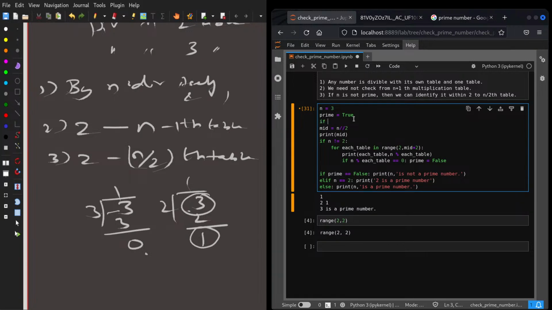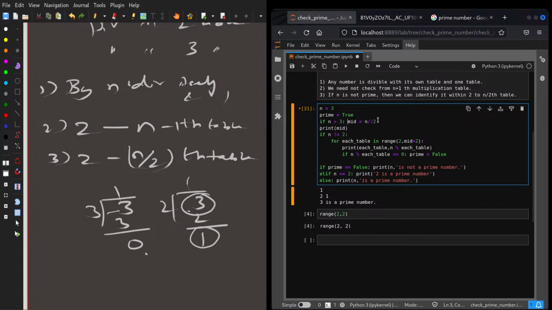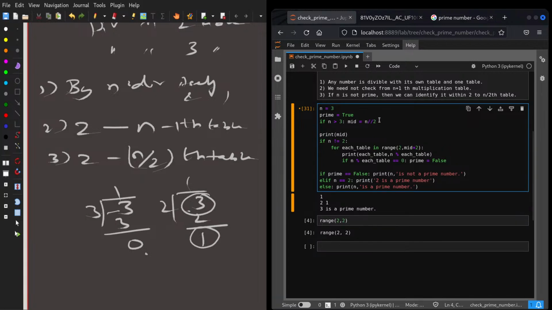If n greater than 3, then we can just use something like this.